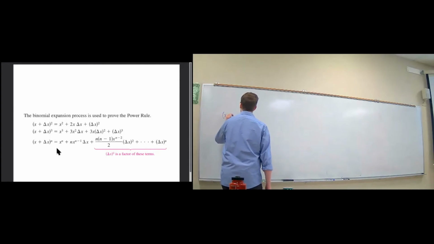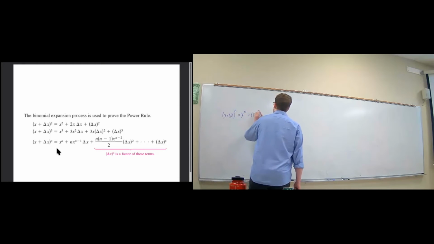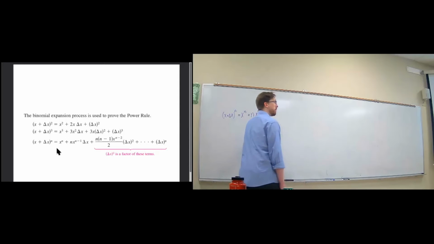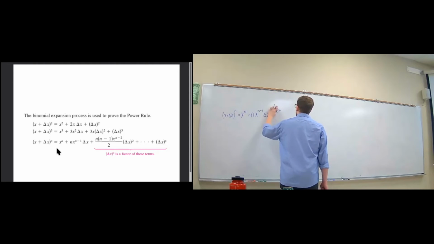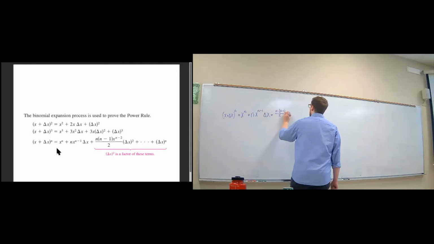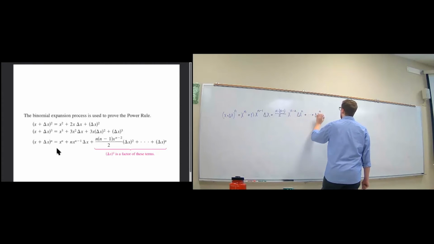X plus delta x to the nth power is equal to x to the n plus n times x to the n minus 1 delta x plus n times n minus 1 over 2 x to the n minus 1, or my mistake, x to the n minus 2 times delta x squared plus delta x to the nth power.